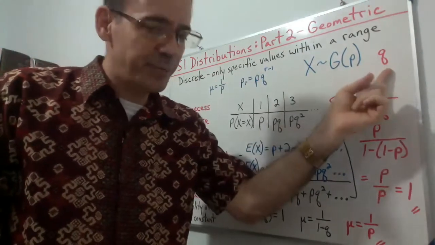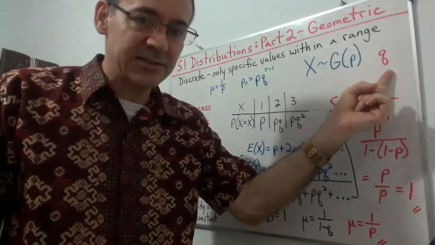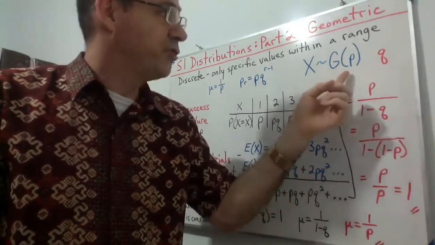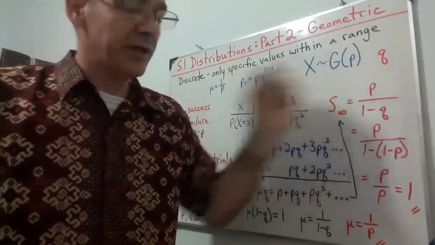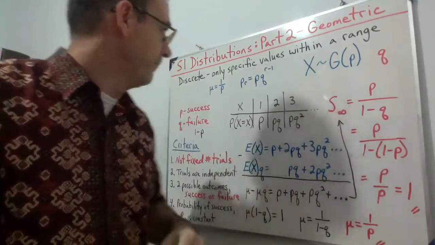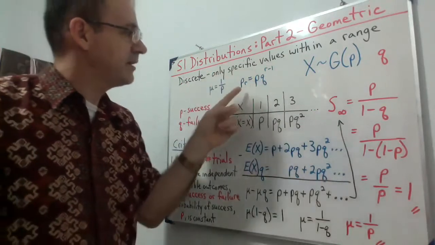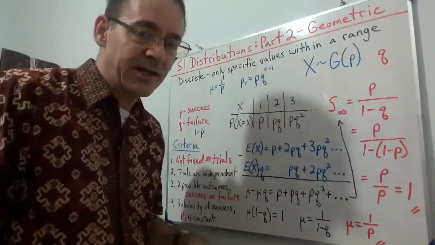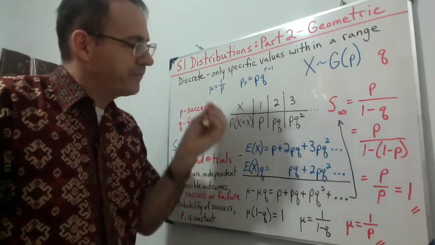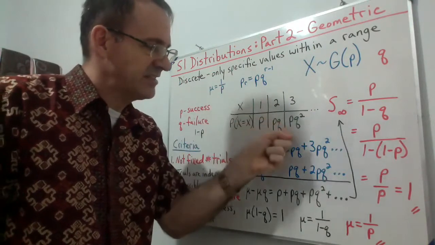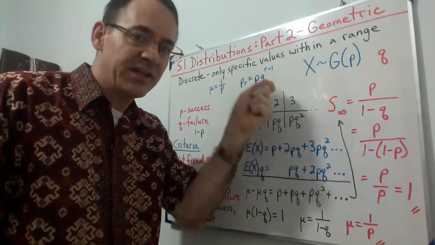Again, I like to put the q off to the side because it's also important. If you know p, you automatically know or can figure out q. q is our probability of failure. So here is our formula now for the geometric for finding the probability that you will get a success on a particular trial.